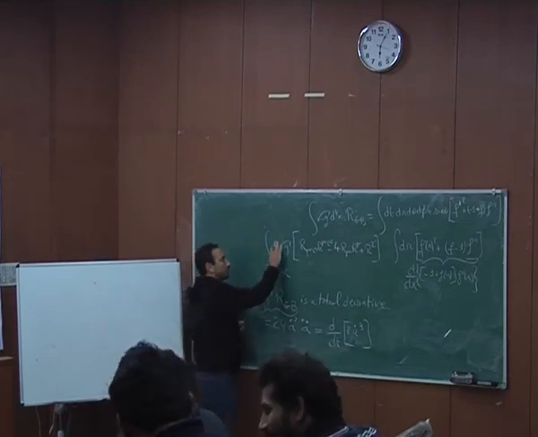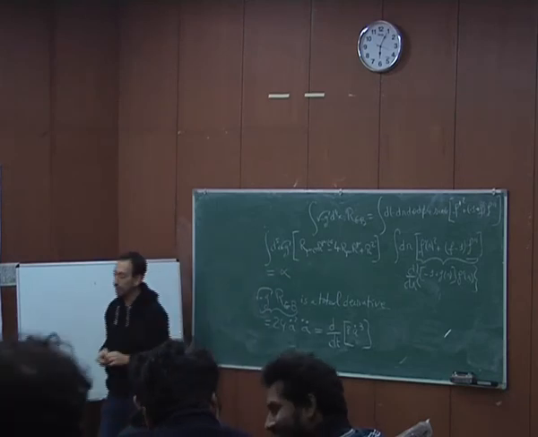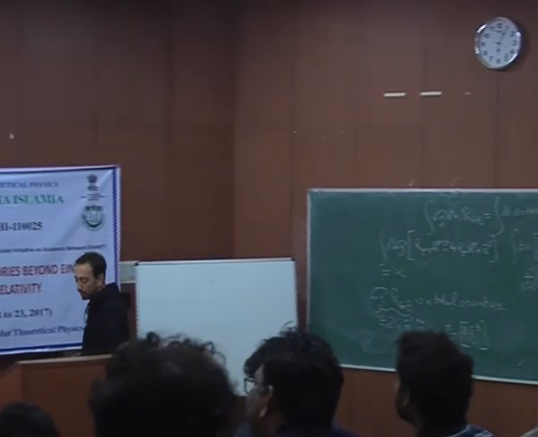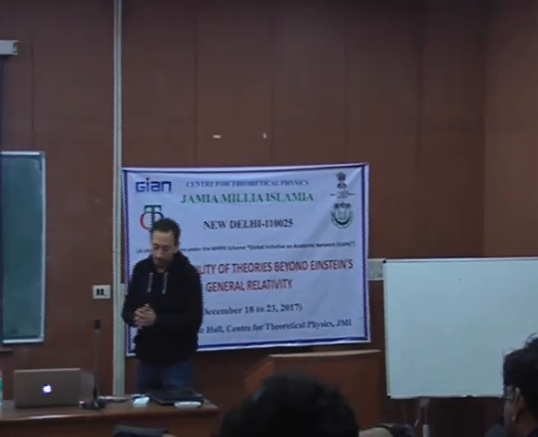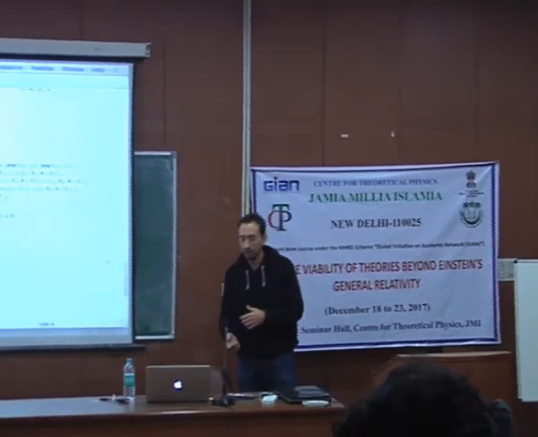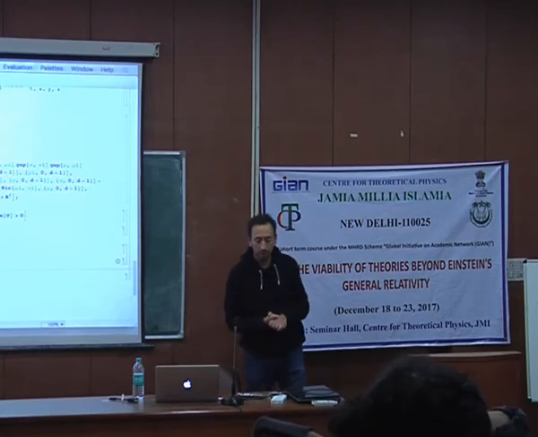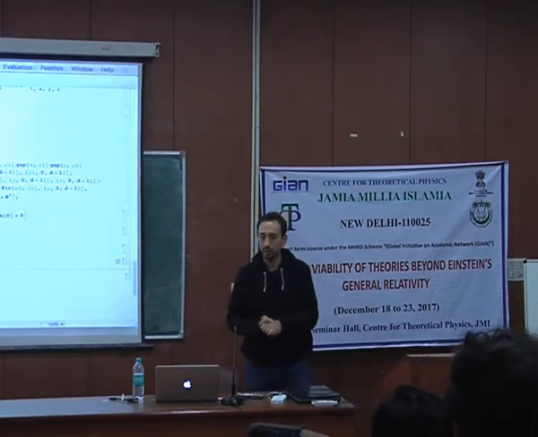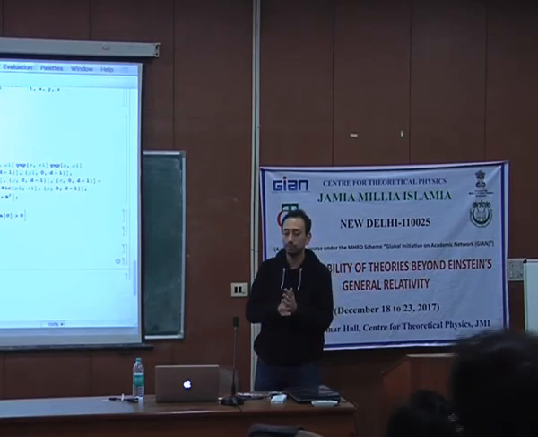It is not a constant if you are not working in 4 dimensions. Many people work in 5 dimensions in order to get a term like this, and this is related also to string theory. So people are interested in this Gauss-Bonnet term. But in 4 dimensions, it is trivial, in the sense that it doesn't help in any way the equations of motion.